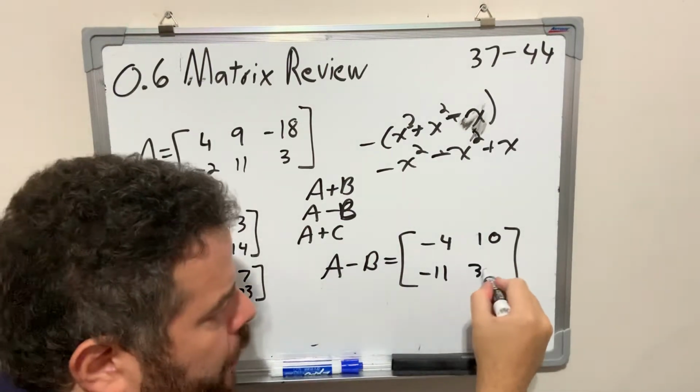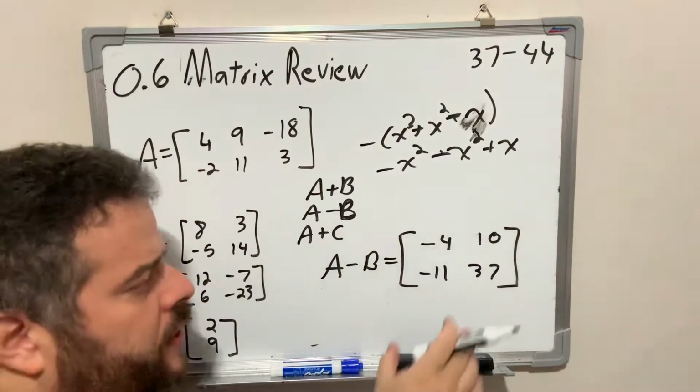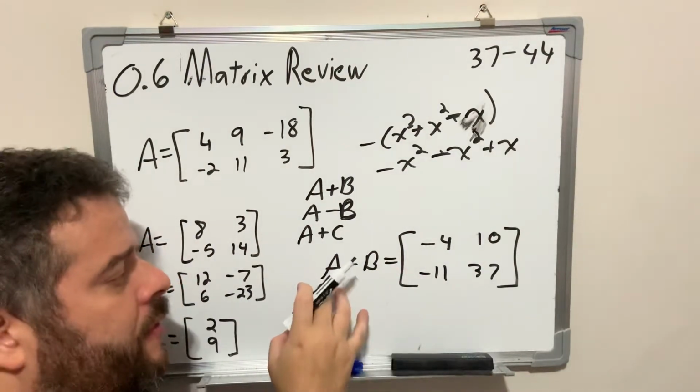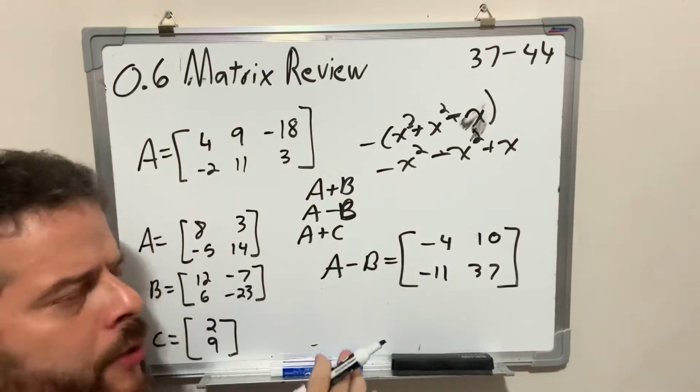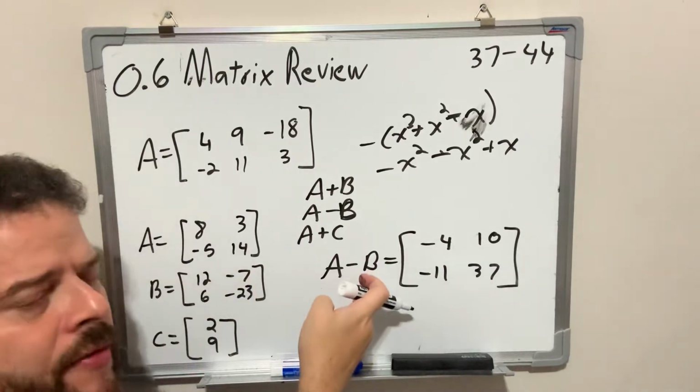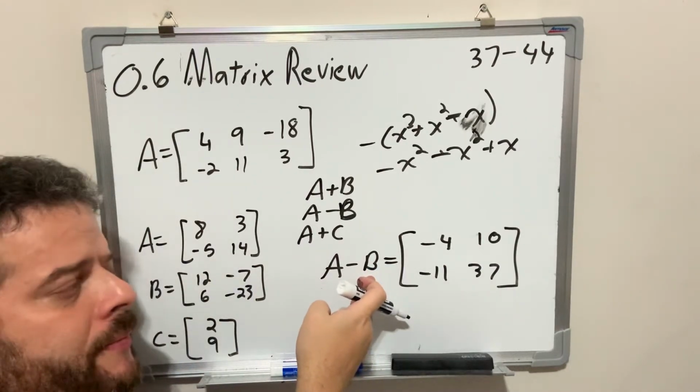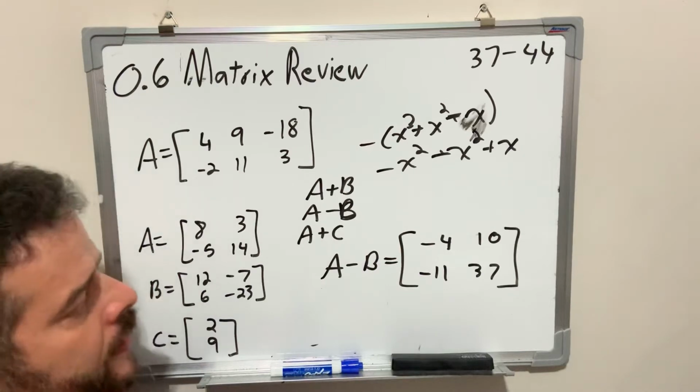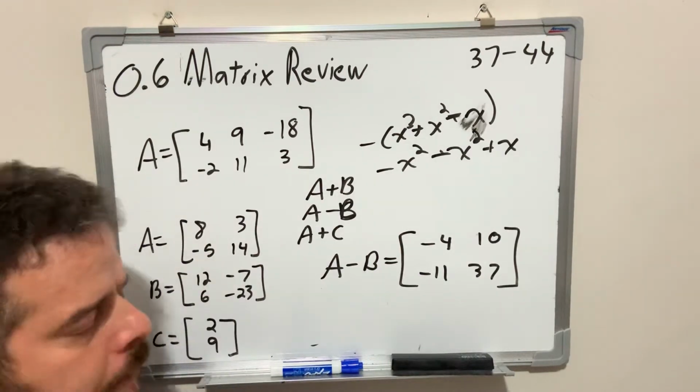We add it, we end up with 37. So this is the resulting matrix of A minus B. All you gotta do is change the sign of the matrix you're subtracting and then just combine the corresponding elements.